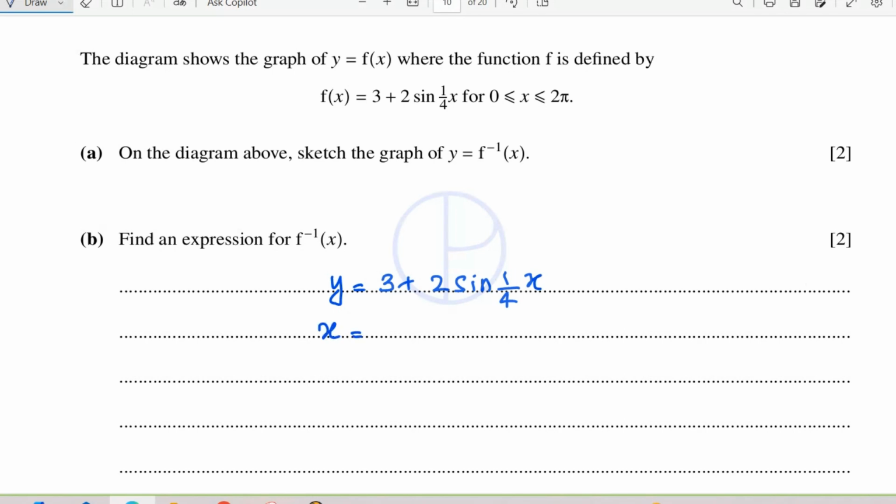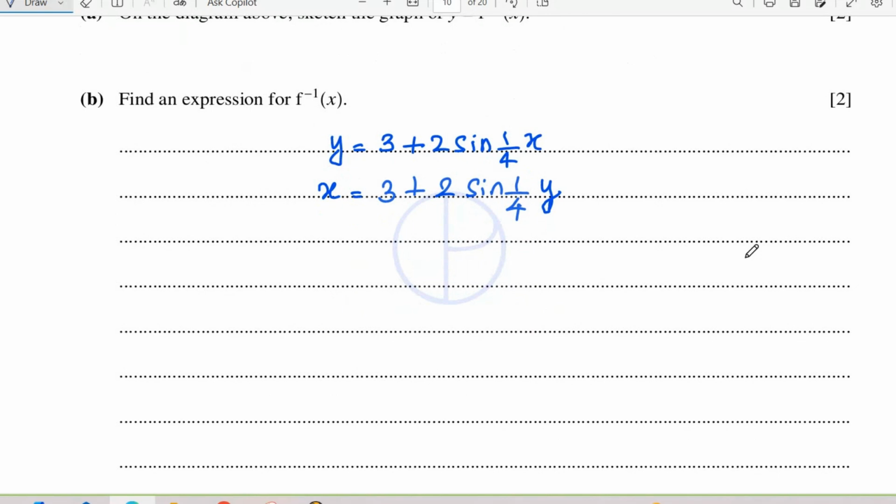So we get x equal to 3 plus 2 sine 1 over 4 y. Now make y as the subject. So x minus 3 is equal to 2 sine 1 over 4 y.